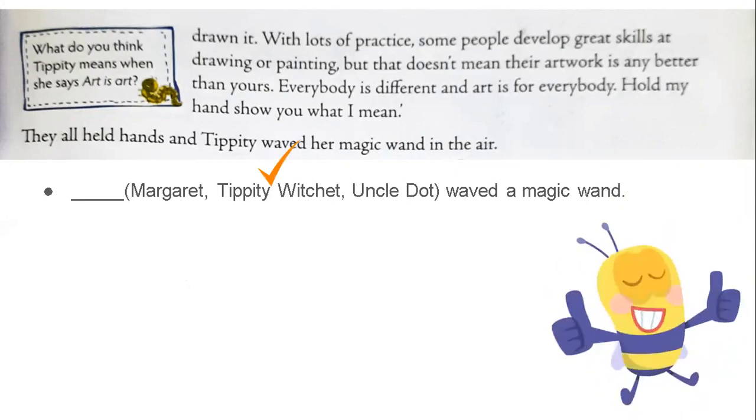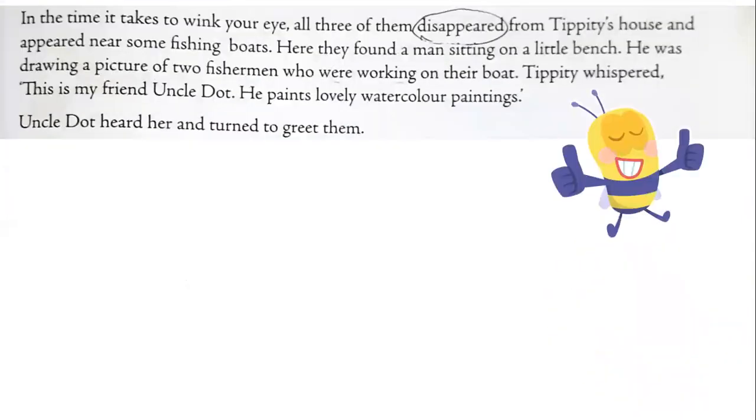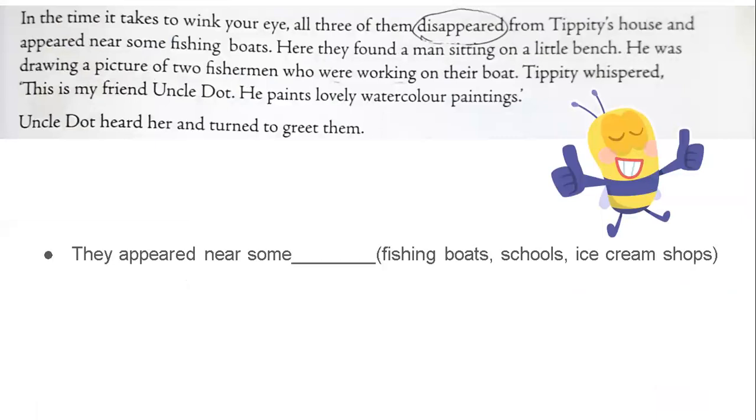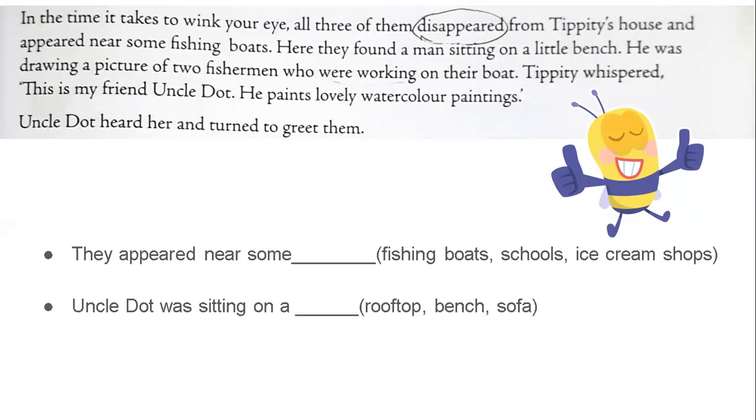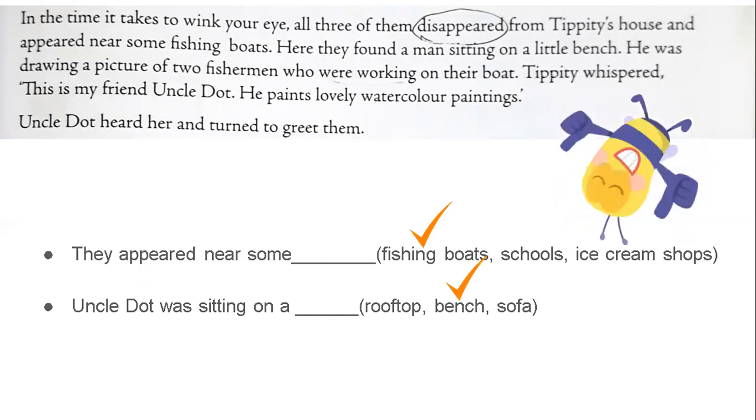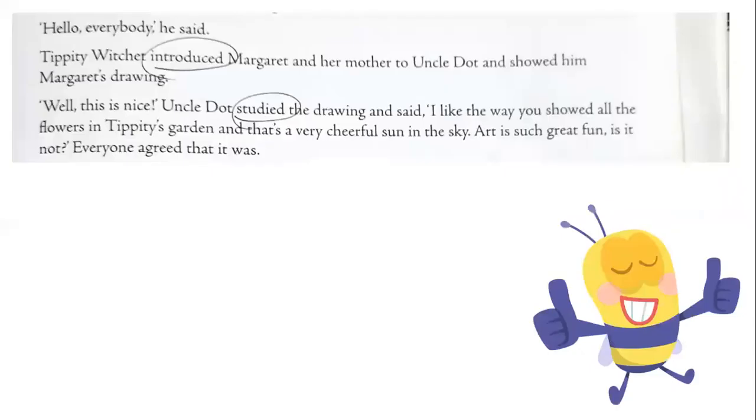There, he's somersaulting for you. That's the next one. They appeared near some fishing boats, schools, or ice cream shops. Uncle Dot was sitting on a rooftop, a bench, or a sofa. The answers are fishing boats and bench. And that's for you if you got them right.